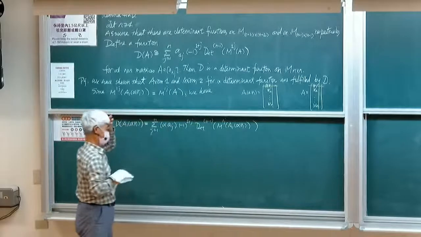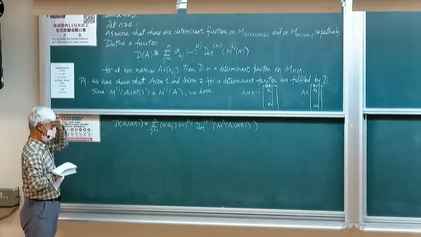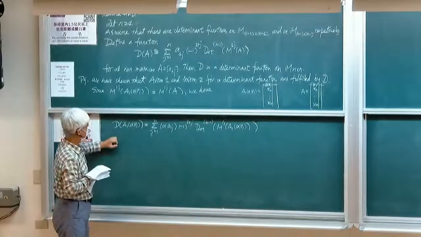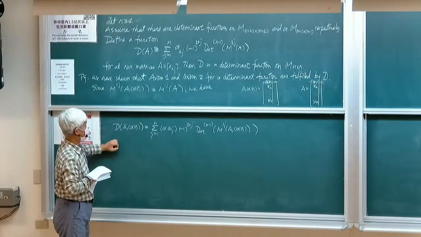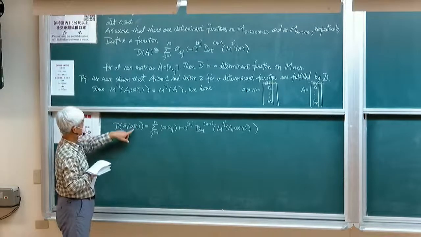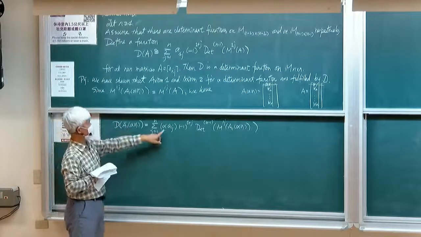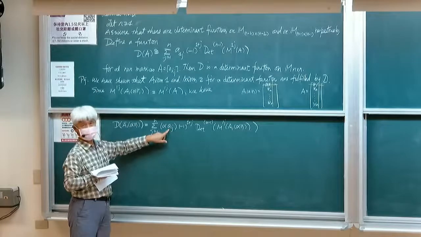This is from the definition of function d. And the entries of the first row of this matrix is alpha times A1j.